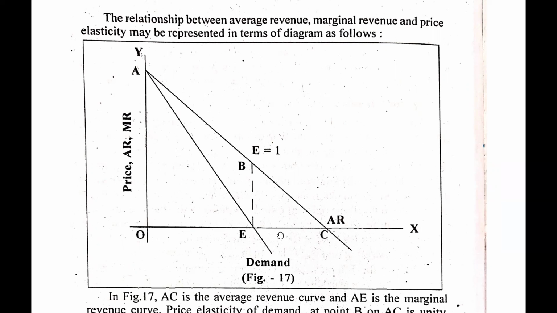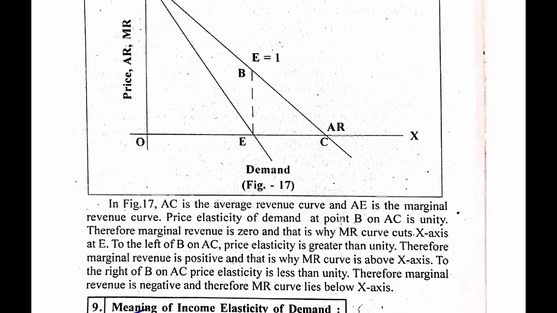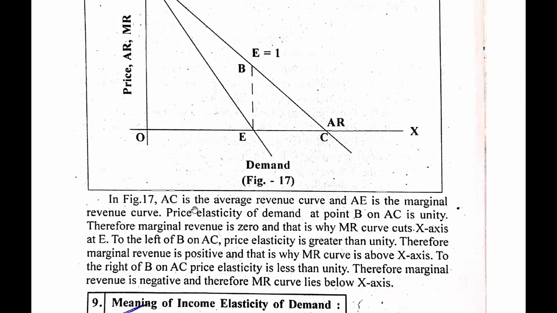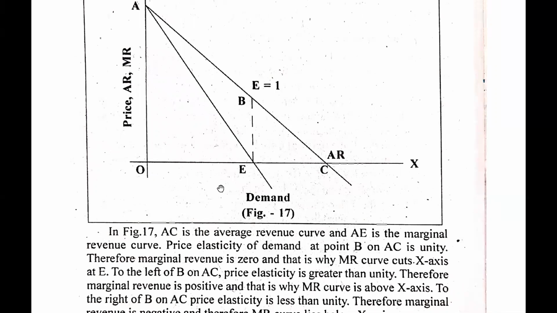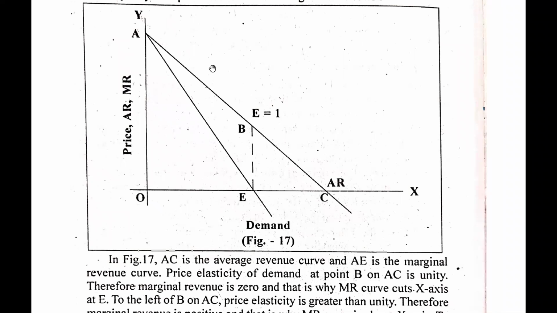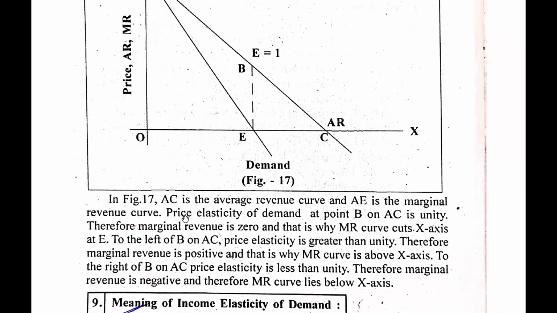Now here we are given the elasticity that is 1, and we are given some points, B and C. So let's see the explanation of this diagram. In figure 17, AC is the average revenue curve and AE is the marginal revenue curve. The price elasticity of demand at point B on AC is unity.